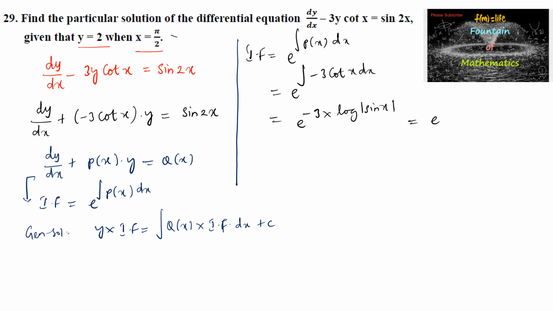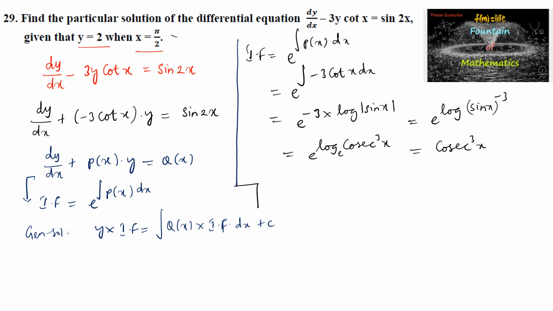This equals e to the power log of (sin x) whole to the power minus 3, or we can write e to the power log of 1 by sin cube x, or cosecant cube x. Using the properties of logarithm, e to the power log to the base e gives cosecant cube x. So the integrating factor is cosecant cube x.